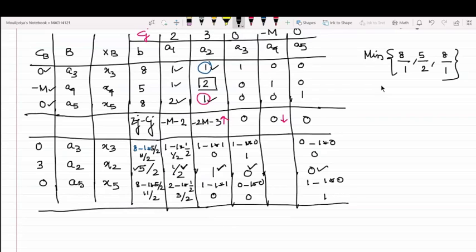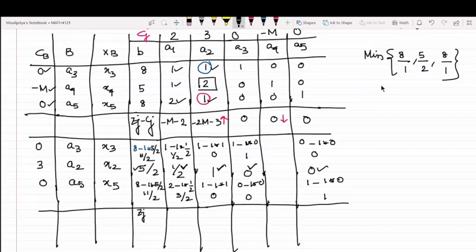We would again be required to calculate the index numbers for the rows, which, this time, it is 3 by 2 minus 2, that is minus half, right? 3 minus 3, 0, 0, and here it is again 0.